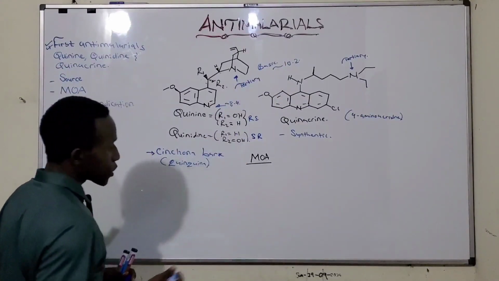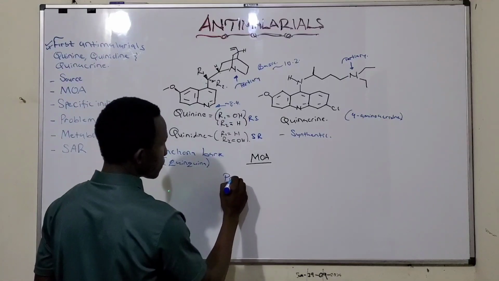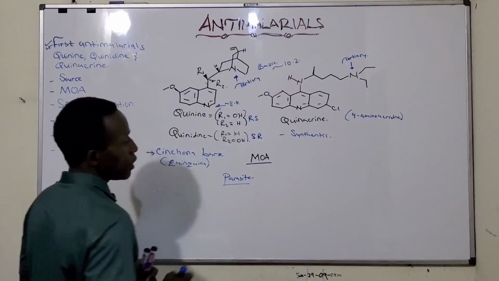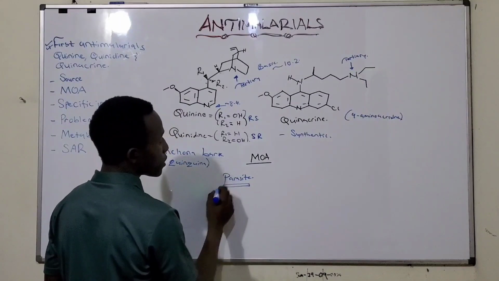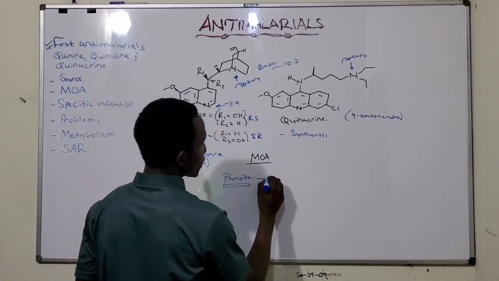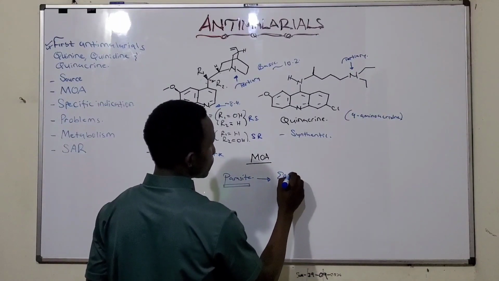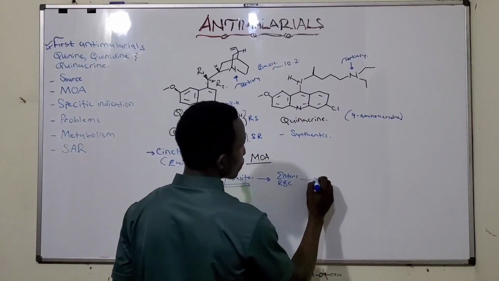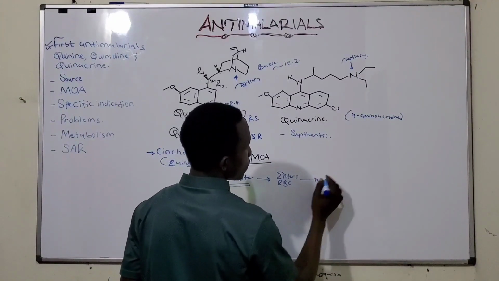So for the mechanism of action, the parasite normally feeds on hemoglobin when it enters the red blood cell.